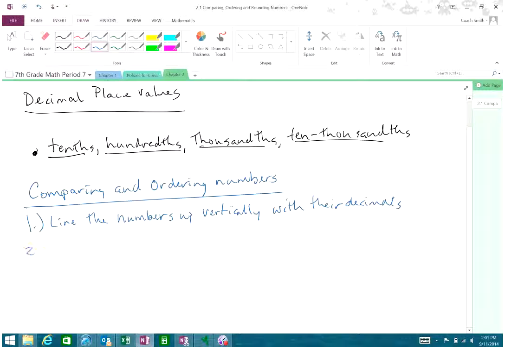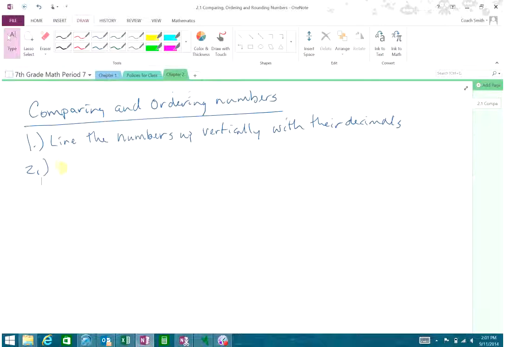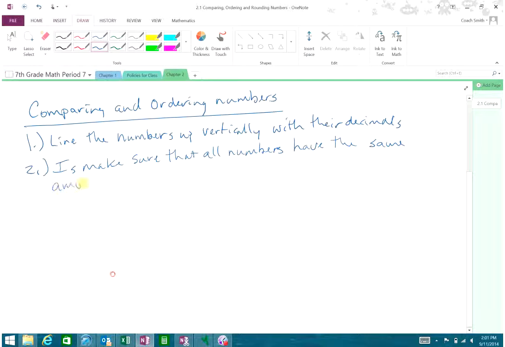The second thing you're going to do is make sure that all numbers have the same amount of digits to the right of the decimal by adding zeros.